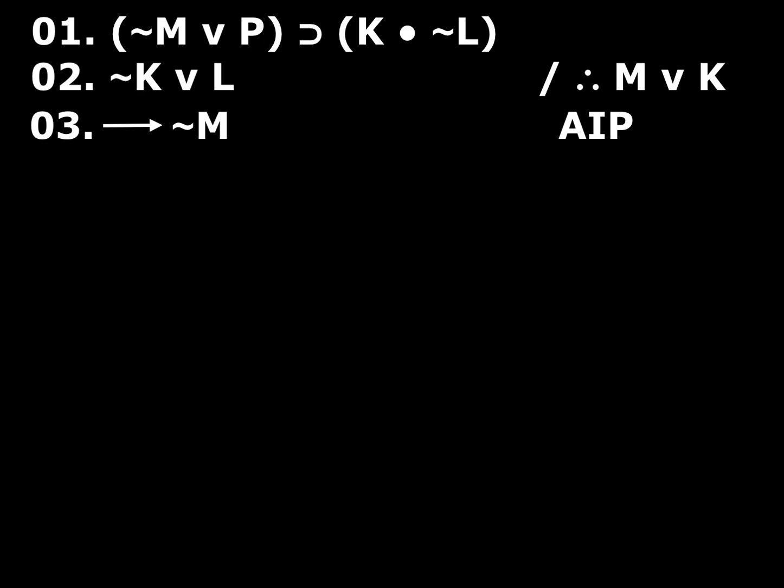I'm going to assume not M, because I want M, and then get M or K. So assume not M, assumption for indirect proof. And now I'm just going to try to get a contradiction. One thing that makes indirect proof easy is that if the thing you're trying to derive really does follow from the premises, then the negation of that will be inconsistent with the premises.